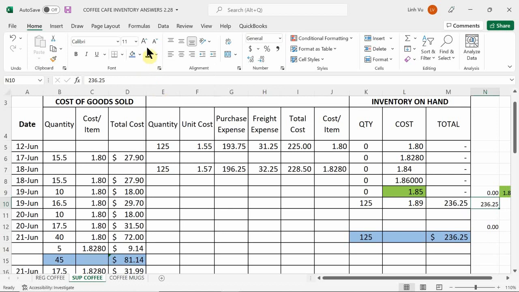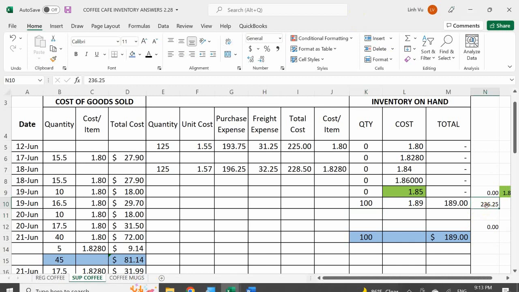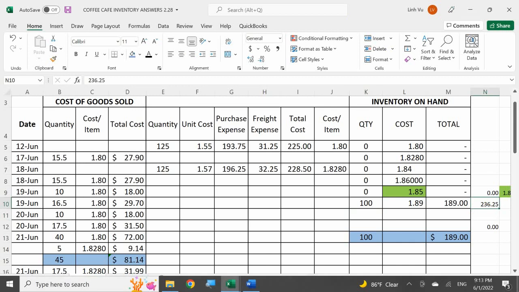Okay. And so I got rid of 25 pounds, so I should have 100 pounds left, which will give you $189, okay, which should be true, right?